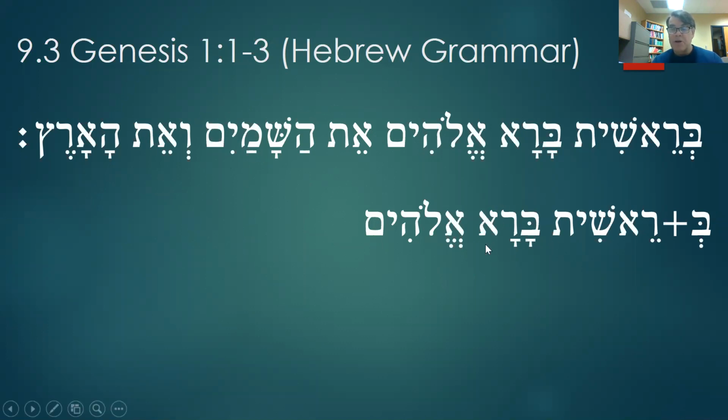Bara is of course not the only word for making something. The other word is asa, and asa is used throughout most of this chapter. Bara is used three times: of the creation of everything at the beginning, of the creation of, I believe, animals, and then the creation of humanity. And so some would say that bara is a special kind of creation.